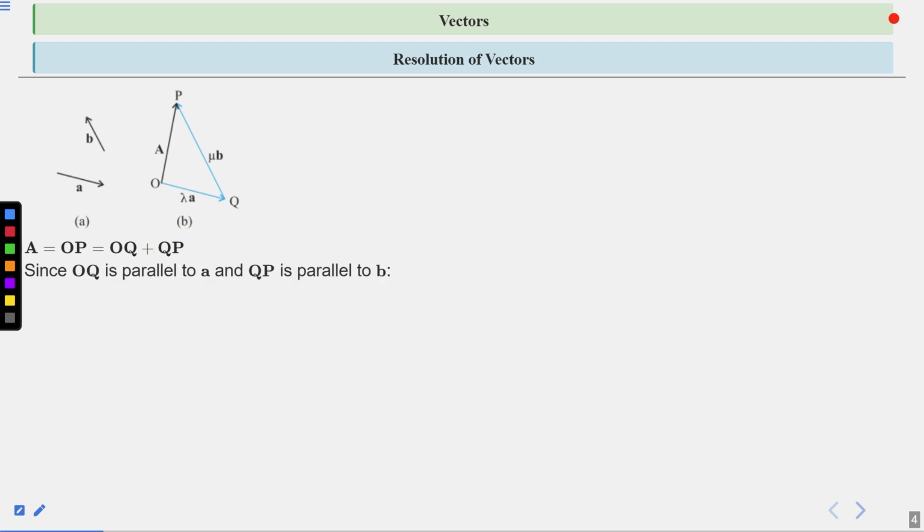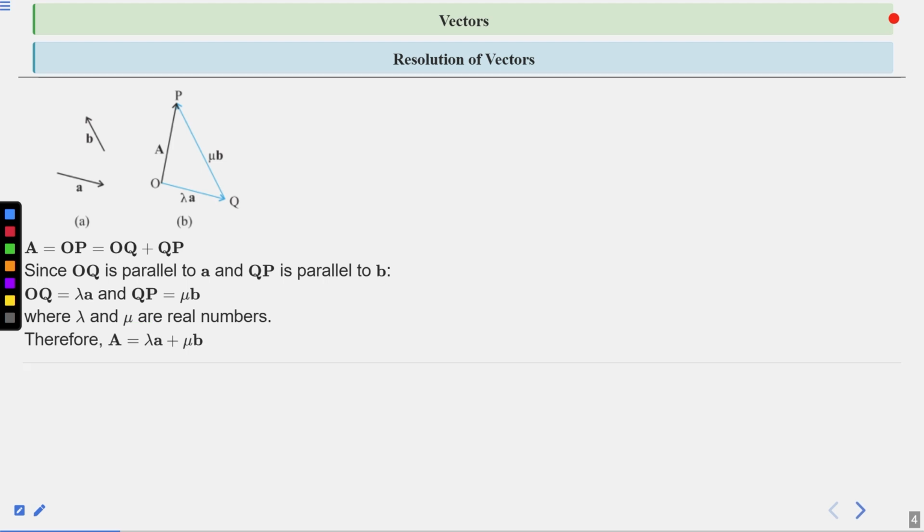Since OQ is parallel to A and QP is parallel to B, we can say OQ is equal to lambda A and QP is equal to mu B, where lambda and mu are real numbers. Therefore the equation becomes OP vector equals lambda A vector plus mu B vector.